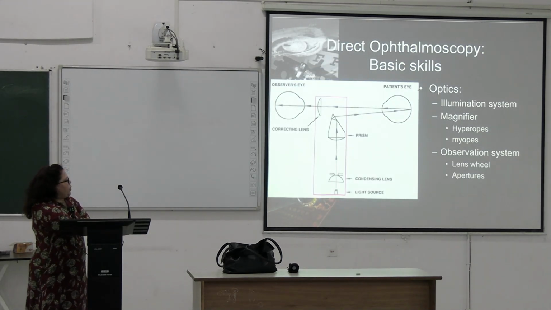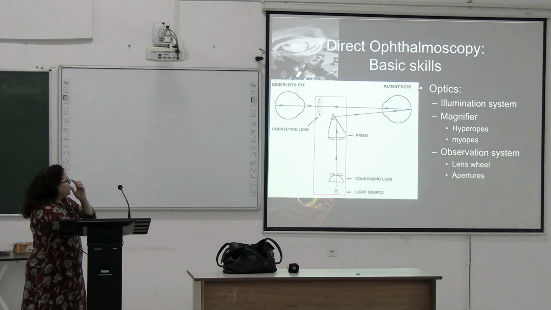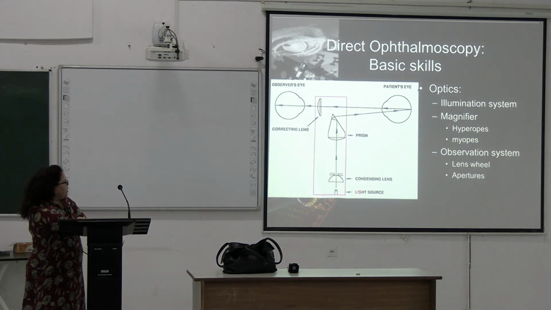And this is the optical diagram of the indirect ophthalmoscope. This eye is the observer's eye, and this one is the patient's eye, and this is the ophthalmoscope, and its optics: light source, condensing lens, and here a prism.